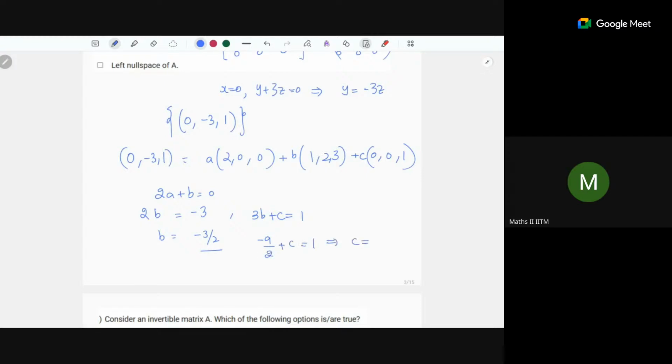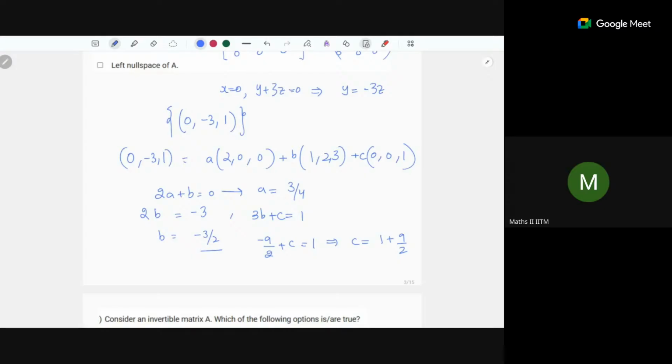This would imply that c is equal to 1 plus 9 by 2. So it is a solution, and then a is also equal to plus 3 by 4. Right.